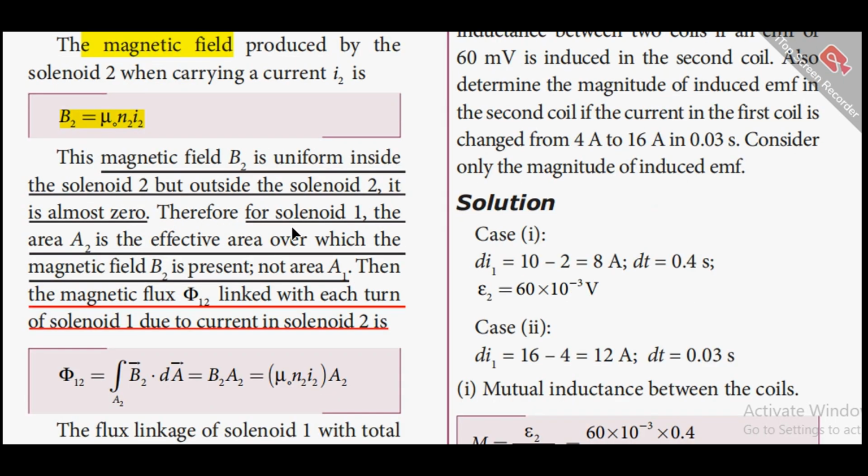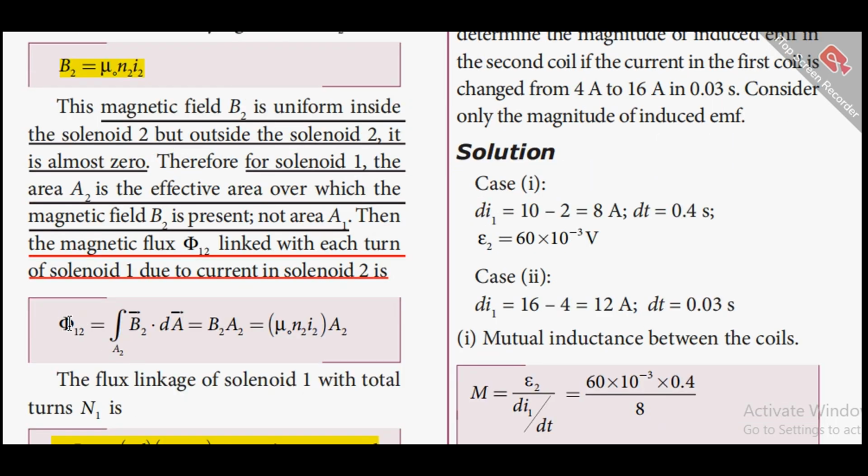Therefore, for the first solenoid, the area of cross section A2 is the effective area over which the magnetic field B2 is present, and not the area A1. And the magnetic flux phi12 linked with each turn of the first solenoid due to the current in the second solenoid is given by phi12 equal to integration of B2 dot dA. So B2 A2 will be written as mu naught N2 I2 into A2.